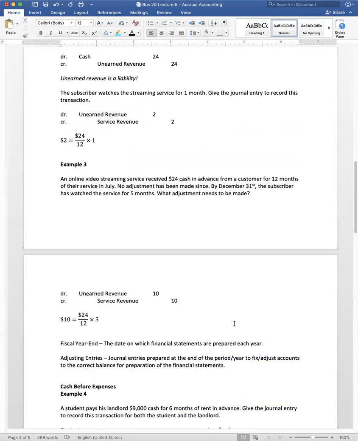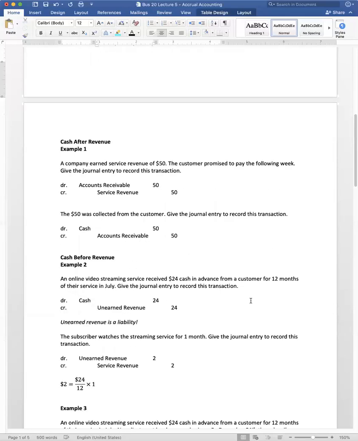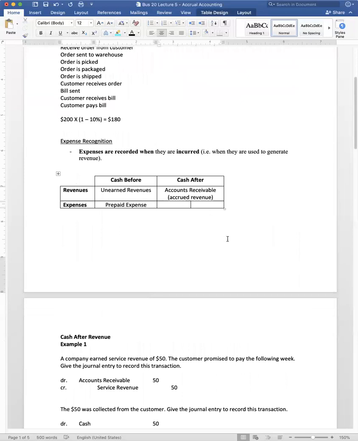All right, so let's go back to our little table here. We have learned that if you pay cash before you use the expense, it's called a prepaid expense. All right, now let's just finish filling this in. We're here.